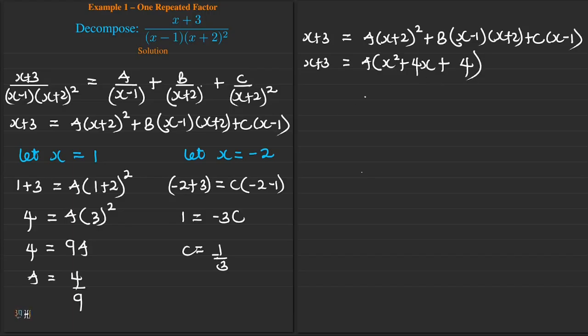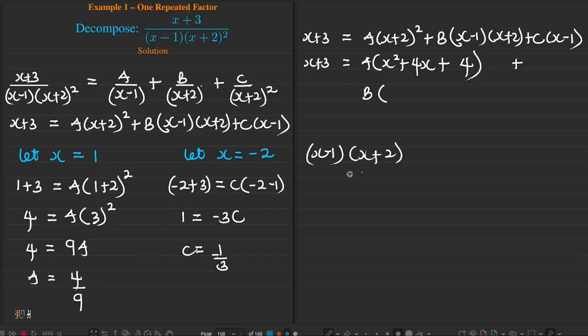Then we have plus the b. So b multiplies x minus 1 times x plus 2. If you want to expand that, we get x times this whole bracket, which gives us x squared plus 2x, then minus x minus 2.